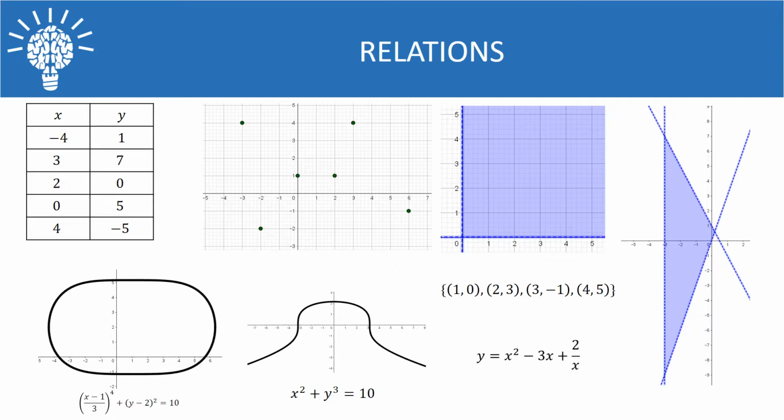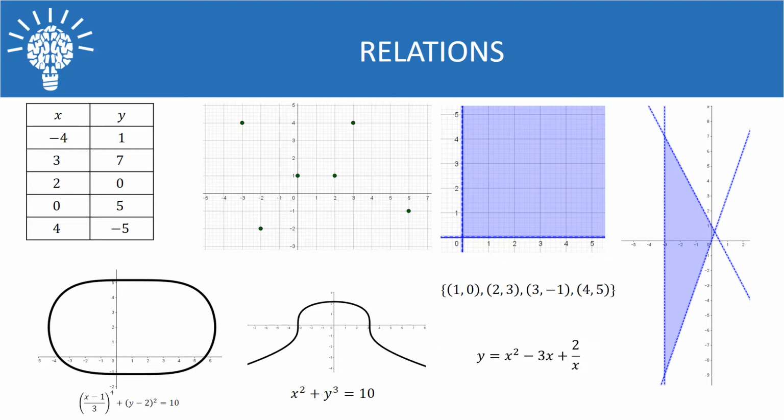This inequality graph is actually saying it includes all the points from the origin down both axes infinitely and everything in between. And so that is also a relationship between x and y values. It's a fairly broad relationship, but it is still a relationship between x's and y's.